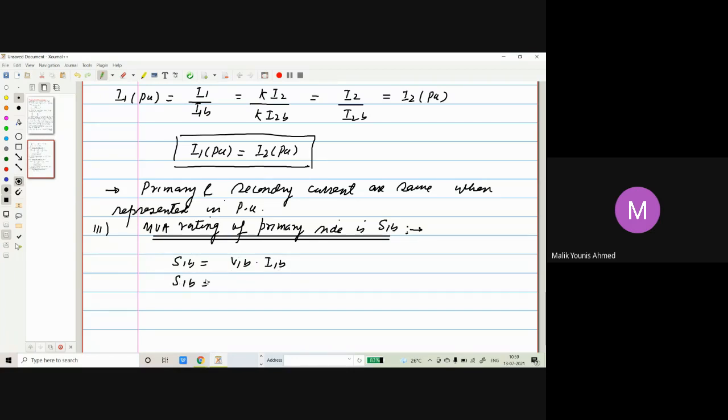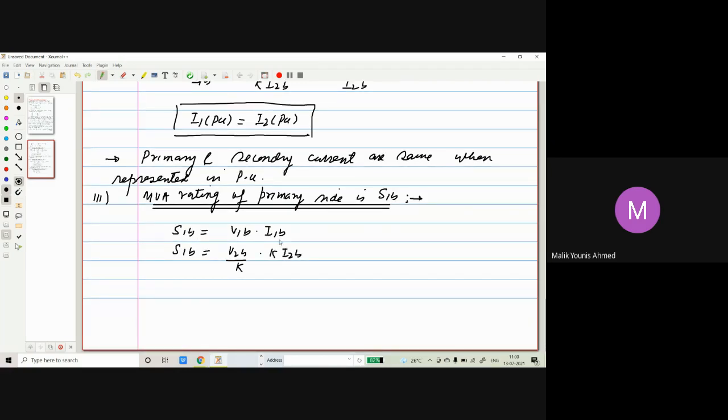S1B can be further written as V1B, which we have already got: it is V2B by K, whereas I1B is K I2B. That relationship we have seen above. Whatever relationship exists in the actual absolute system, the same relationship exists in the base. I am repeating again and again. So I further can write here S1B: K and K get cancelled, so it will be V2B multiplied by I2B. This is nothing but S2B.